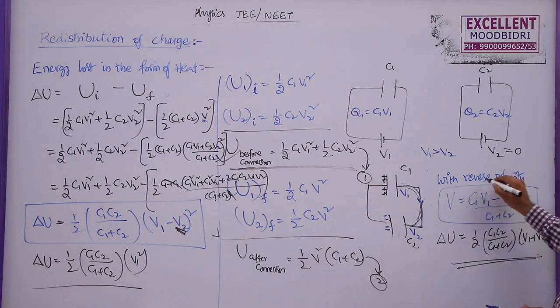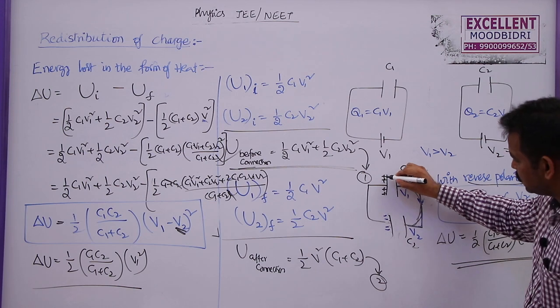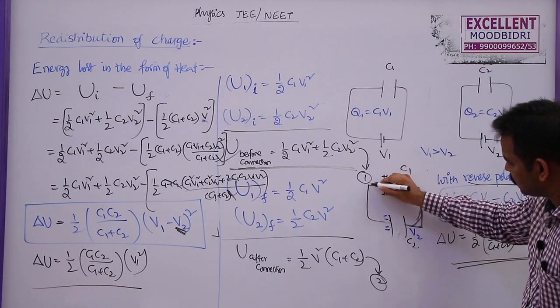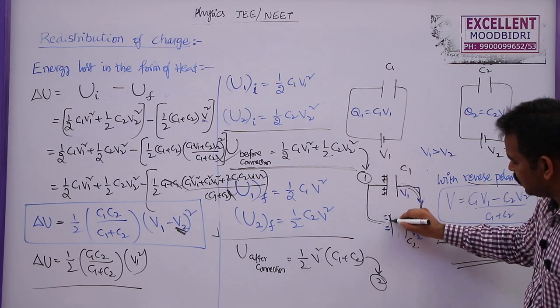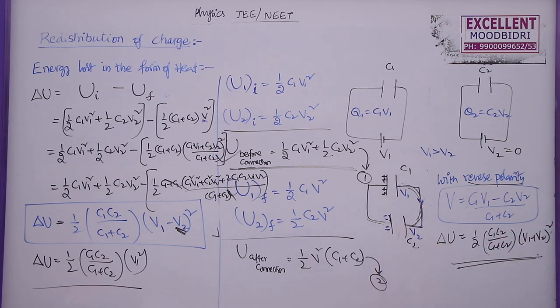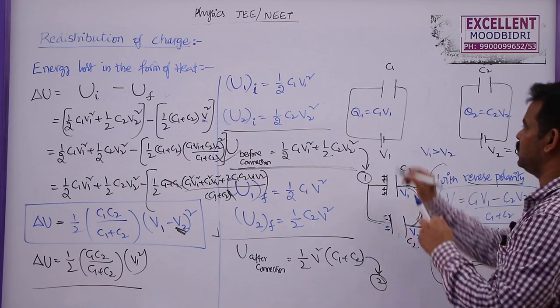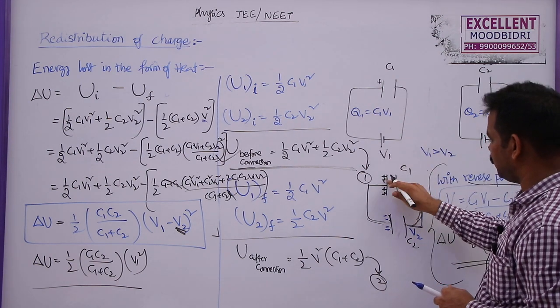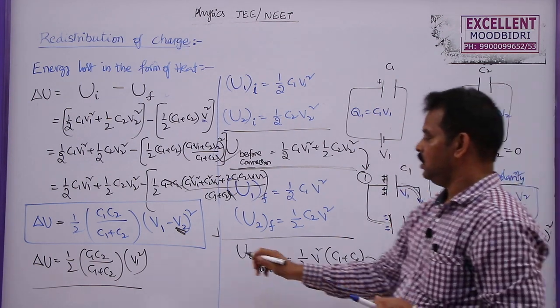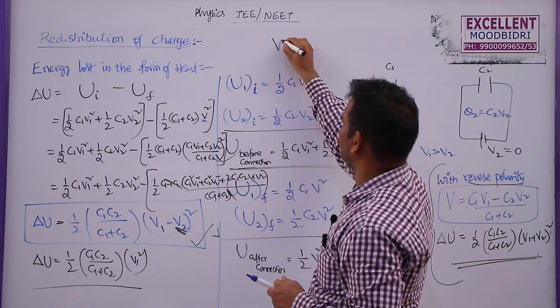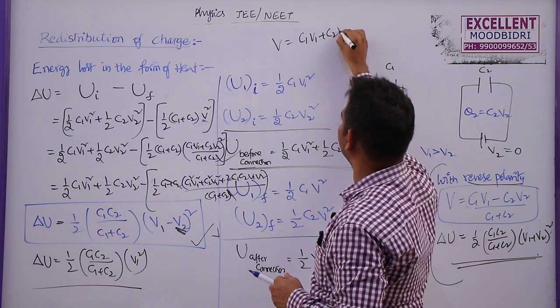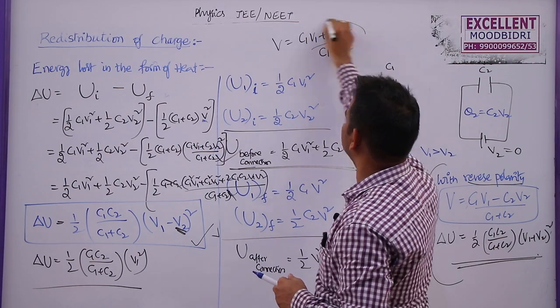This is only for the reverse polarity. That means if the positive plate of the first capacitor is connected to the negative plate of the second capacitor, then we need to use these two formulas. If the positive plate is connected to the positive plate, then the energy loss is the earlier one, and the common potential is C1 V1 plus C2 V2 by C1 plus C2.